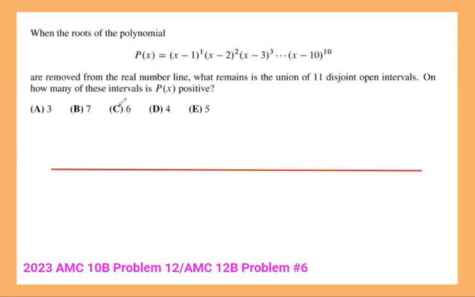If I start with 1, 2, 3, 4, 5, 6, 7, 8, 9, and 10, it will continue this way, right? The first thing we have to ask ourselves about the problem is the signs.